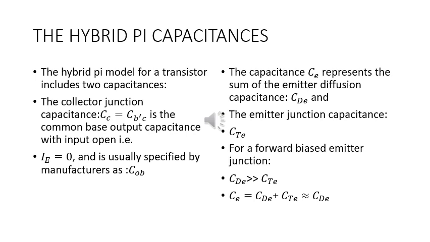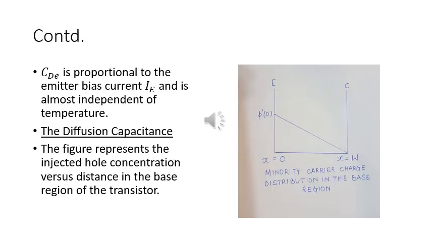The capacitance CE represents the sum of the emitter diffusion capacitance CDE and the emitter junction capacitance CTE. For a forward biased emitter junction, CD is generally much larger than CTE, so we can effectively say that CE is just equal to CDE. CD is proportional to the emitter bias current IE, and it is almost independent of temperature.